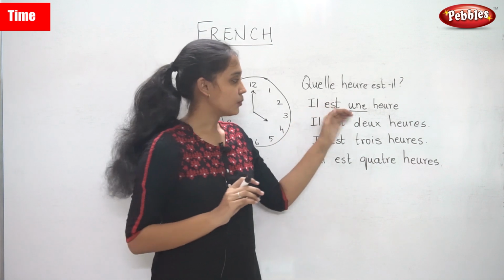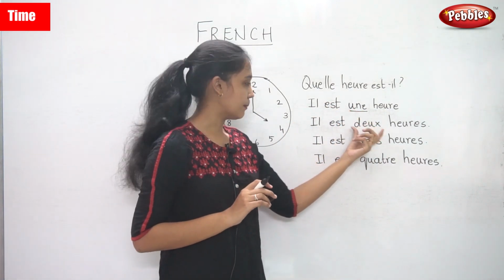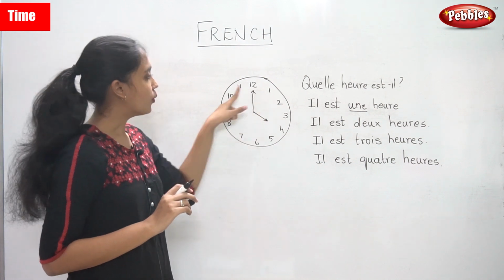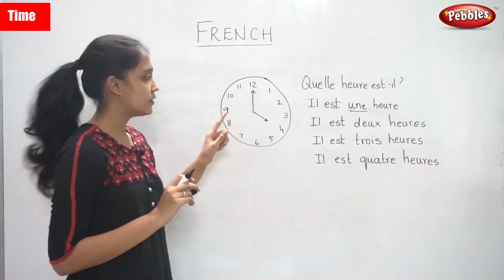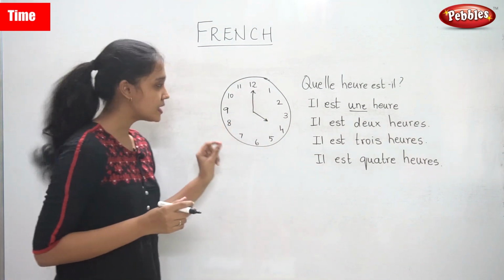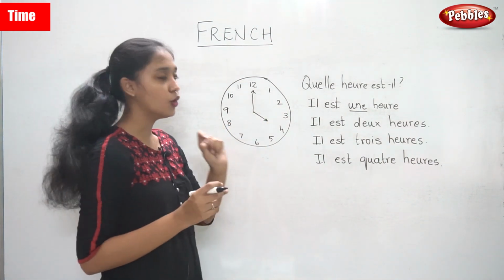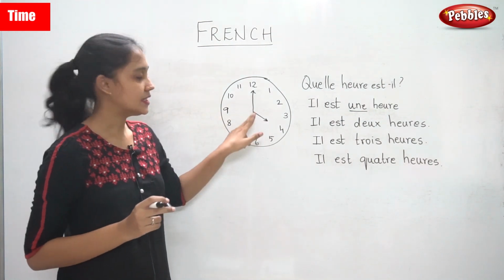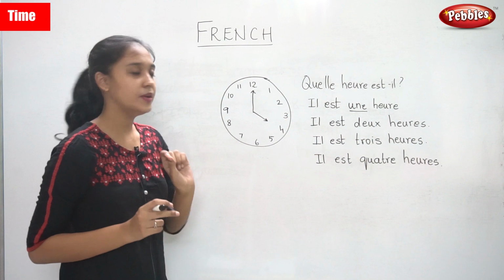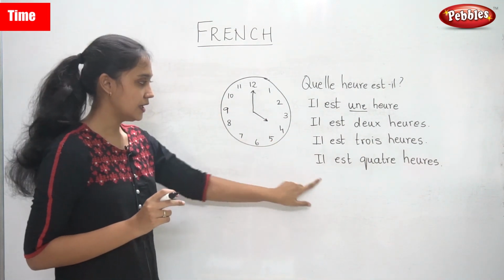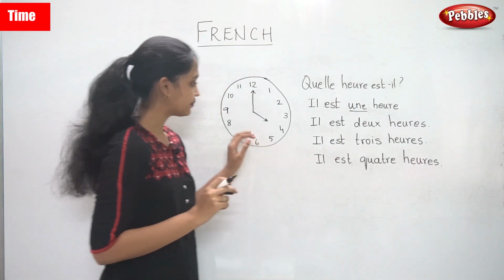So it is the same. You just have to know the number. So if you know numbers from 1 till 24, there are 24 hours in a day. So numbers from 1 to 24, if you know those numbers, you can write this kind of time, the simple ones, up to midnight. So, il est 4 heures.